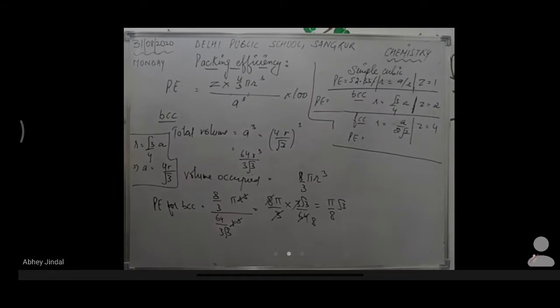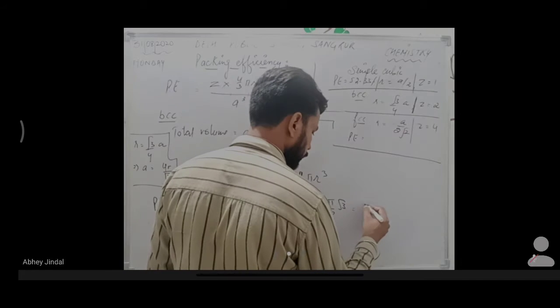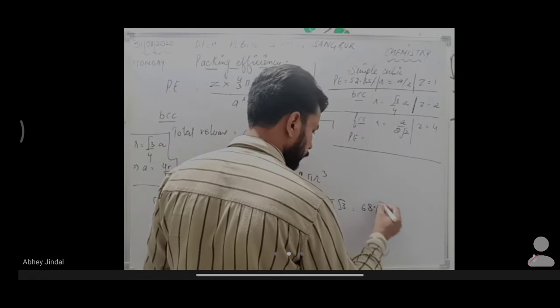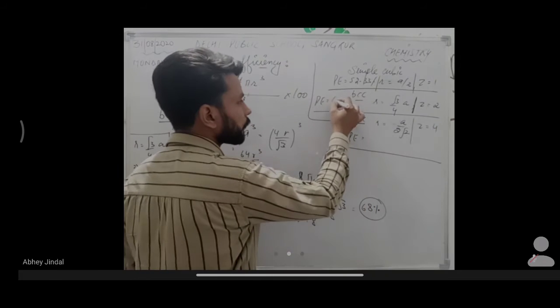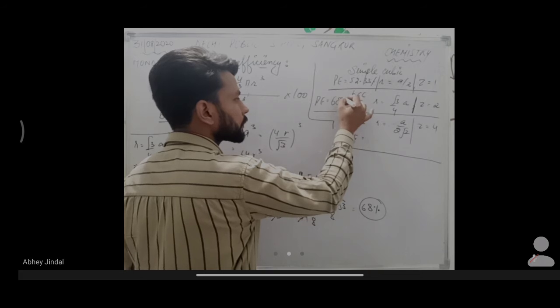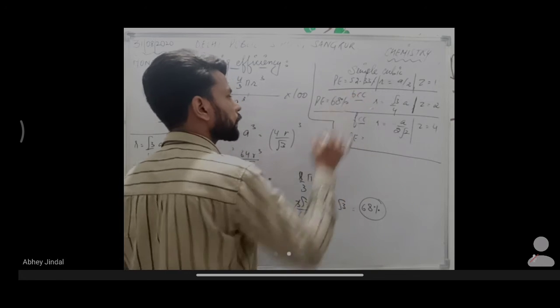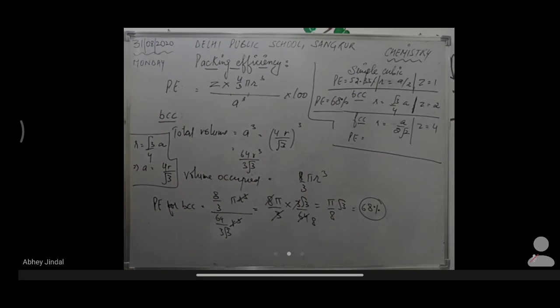And this comes out to be always approximately 68%. So the packing efficiency for BCC is 68%. Understood? Clear? It is more closely packed as compared to the simple cubic unit cell. I hope that all of you have understood this one.